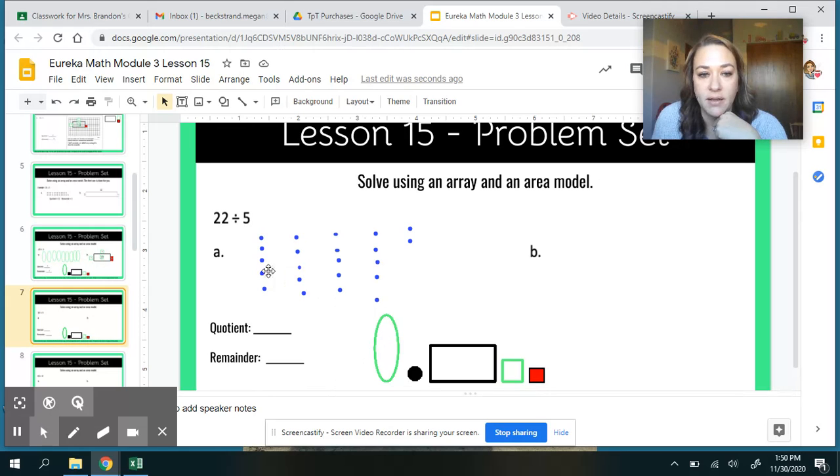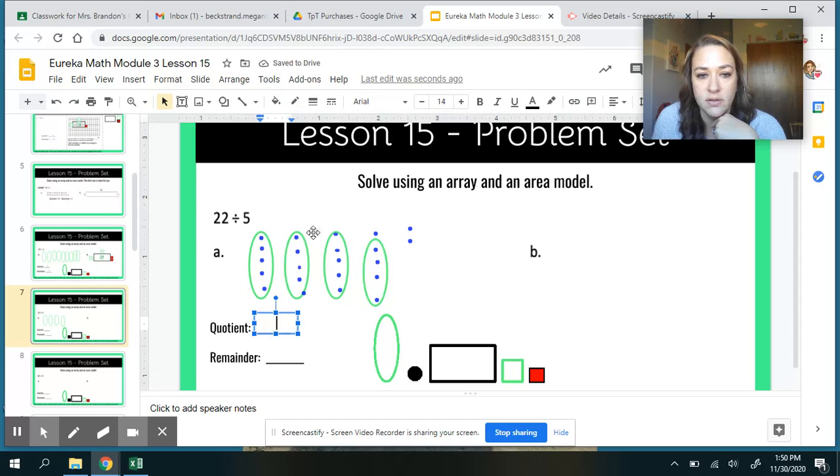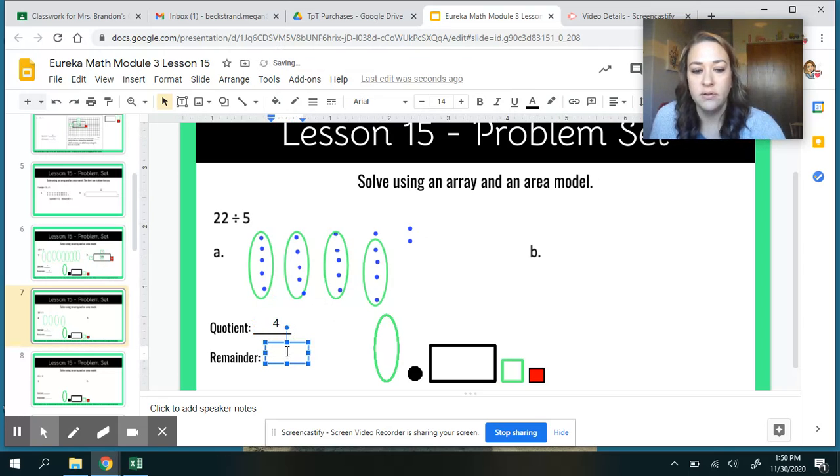So we're able to make 1, 2, 3, 4 groups of 5, and we had 2 left over. So our quotient is going to be 4, with the remainder of 2.